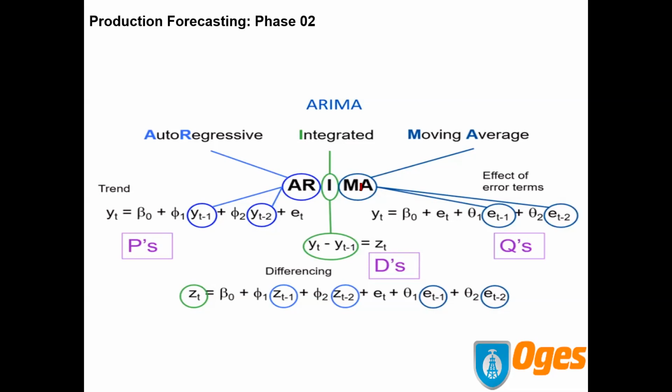And then the MA is the moving average. So a model that uses the dependency between an observation and a residual error from a moving average model applied to lagged observations. And so these can be represented as 3 different parameters that go into ARIMA, known as p, d, q. And these are the functional relationships, but we don't want to get too much into the depth of that.